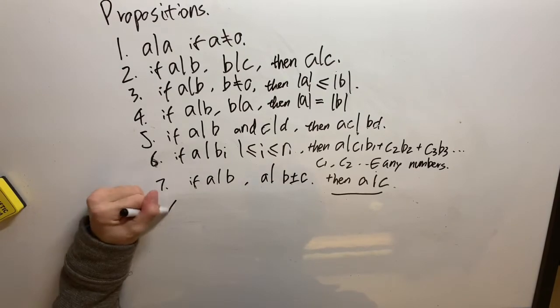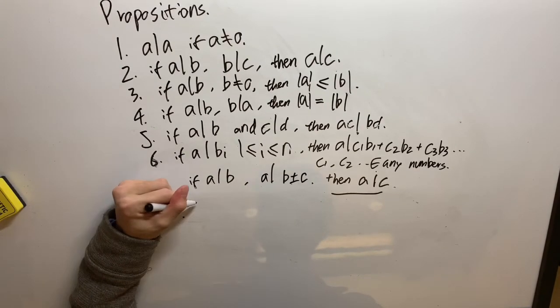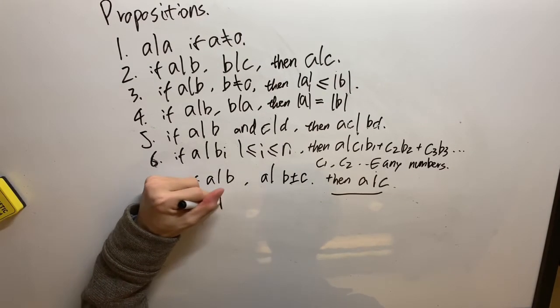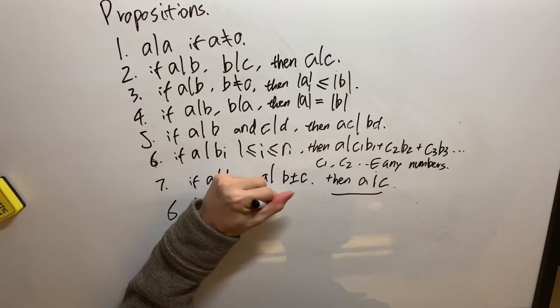For number 6, let's let b1 equal a times d1.